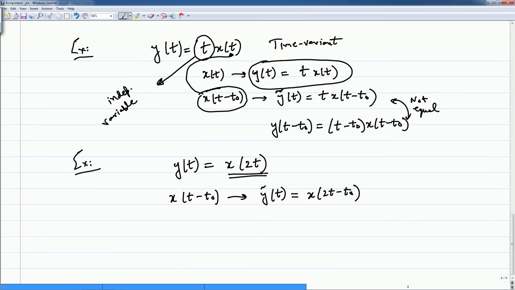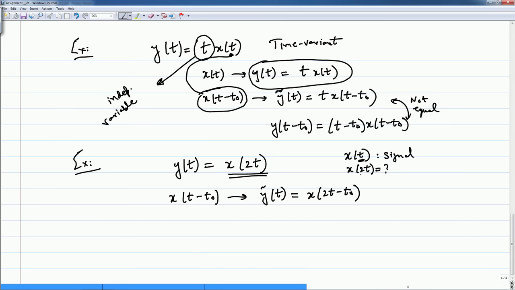Everything boils down to what I mean by x of 2t. If I give you x of t as the signal, x of t is some signal or a function of one variable. To find x of 2t, what should you do? Wherever you have t in the expression for the signal, I have to put 2t. That is what this means. When I say x of 2t, that is what I mean.